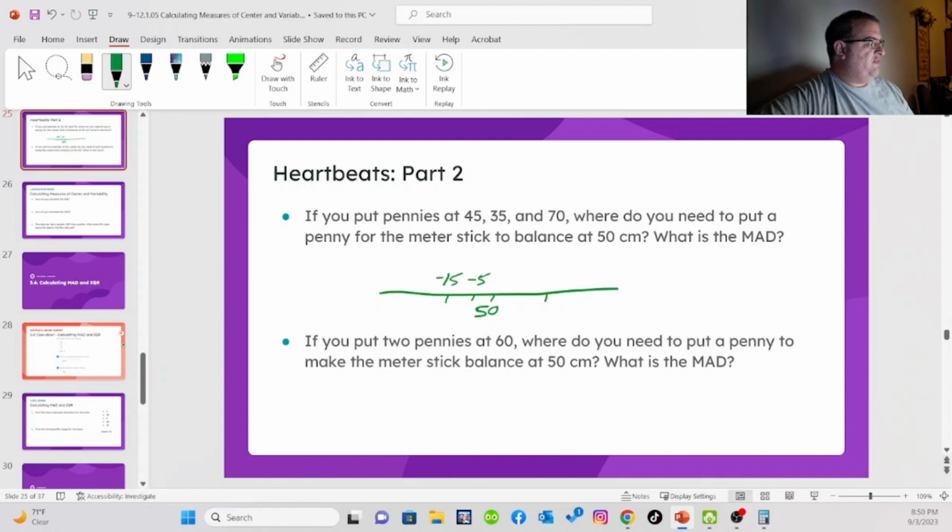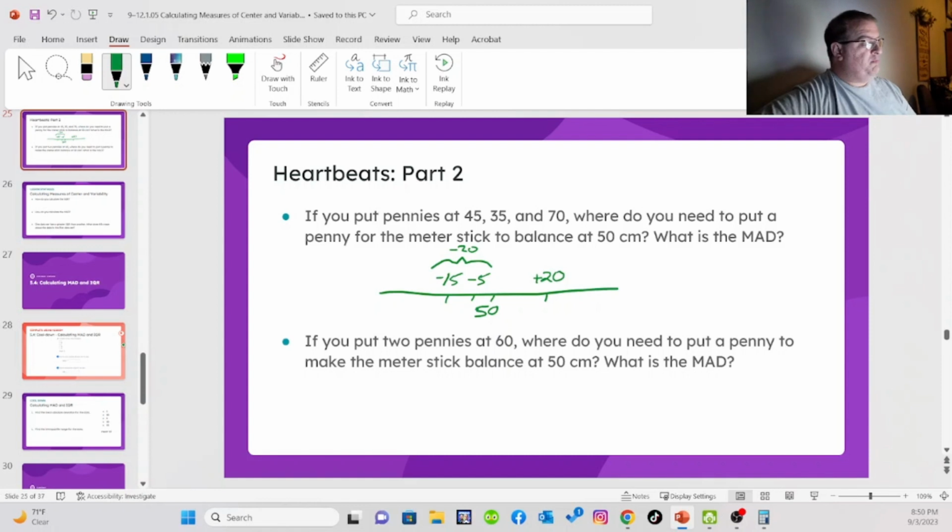And then I have one out at 70, which is 20 plus. So now I have negative 20 down here, and I have positive 20 up here. So this meter stick is already balanced.